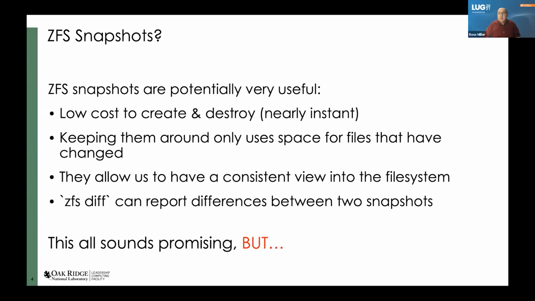When you do have them around, the only space the snapshot takes is space for the changes; it's not like you're making a whole copy of the file system or anything like that. Since they are snapshots, we now have a nice consistent view of what the file system was at a particular time. Again, when you go to actually analyze your data, that's a really nice thing to have.